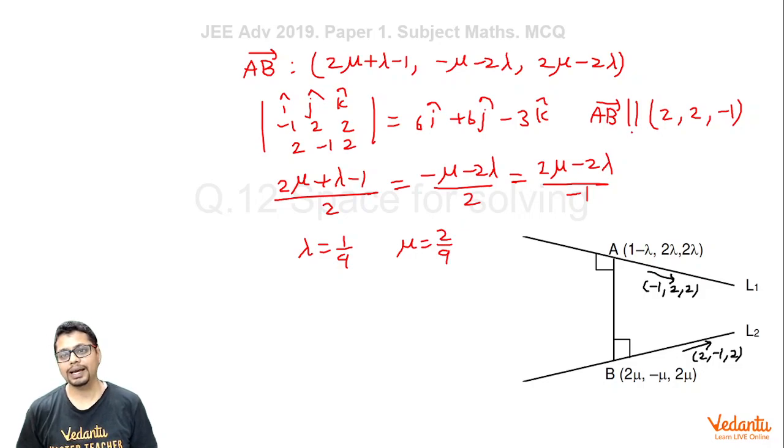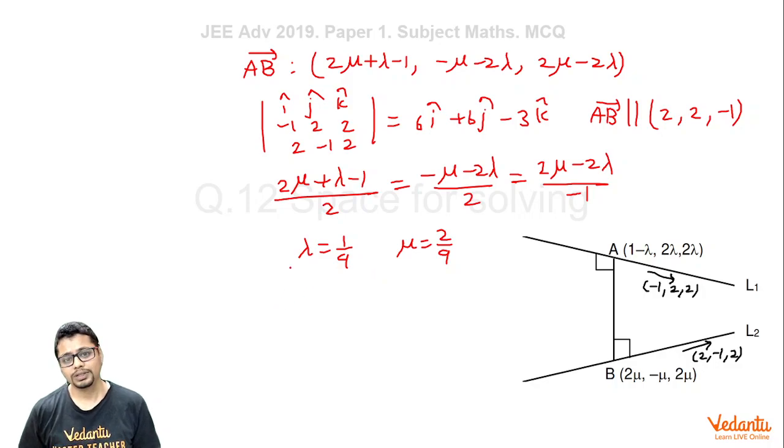Now here, since I already have a parallel vector, just to find the equation of line L3, I may just find one of these two unknowns, lambda or mu, and hence find one point, be it A or B, and get the equation. But here we are solving a multiple choice, multiple correct type question, where we may want to explore the other points also. So why not first explore the points corresponding to this value of lambda and this value of mu.